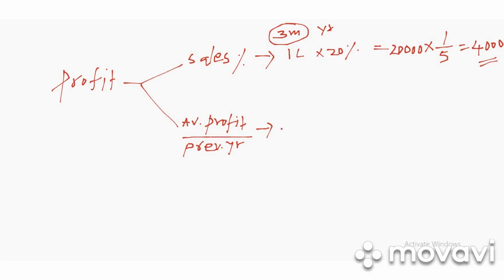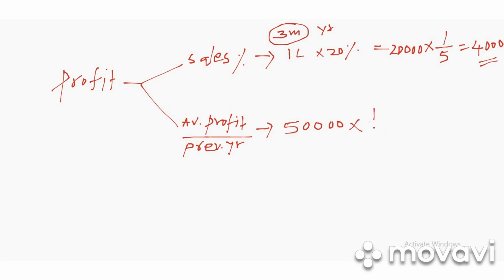Suppose the previous year's profit or the average profit of the last few years is, let us say, 50,000, whatever is the case, depending on the question. They will convert that into his share.